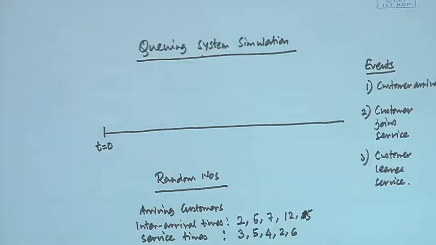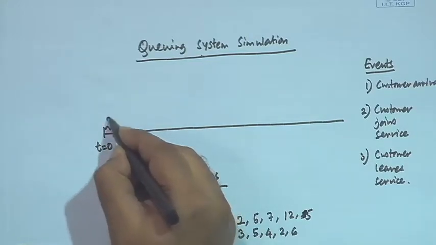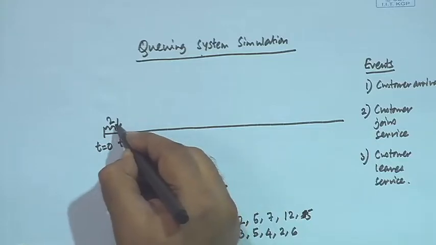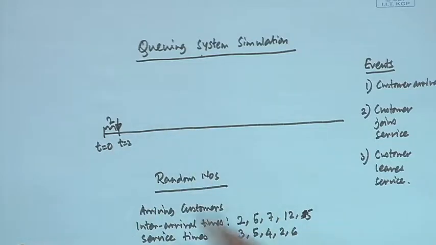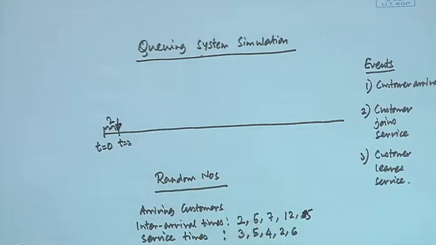What exactly it means is that the first customer arrives at t equal to 2. After the first customer arrives, the customer directly joins the service, and it takes 3 minutes.